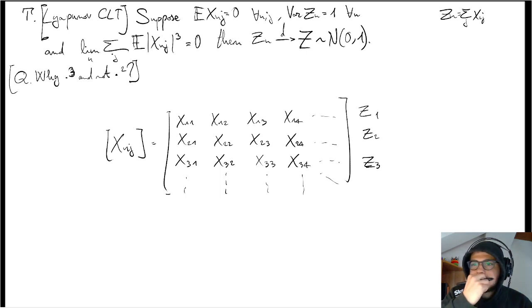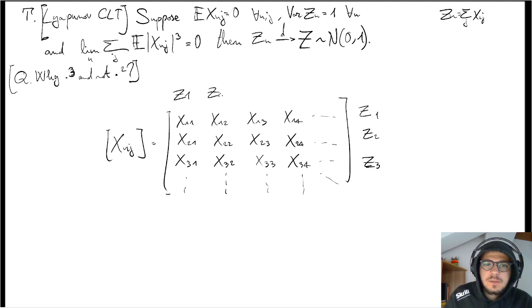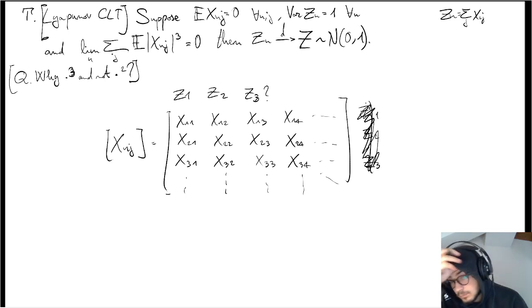Or not, because it's the sum over the columns. So this is Z1, Z2, Z3. The expectation of X_nj is 0.